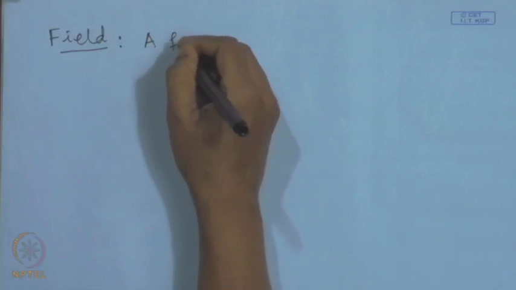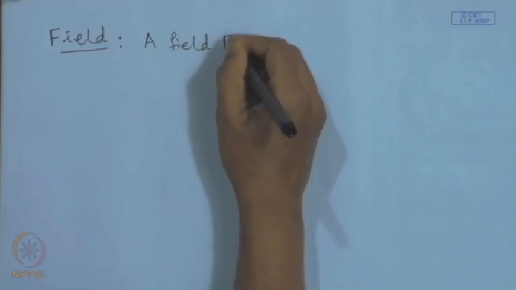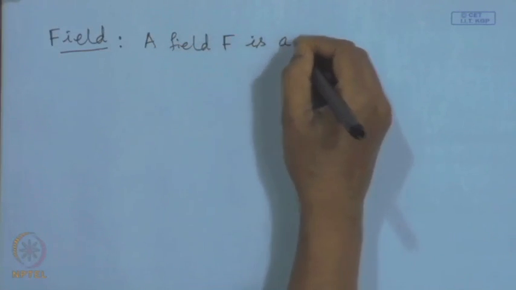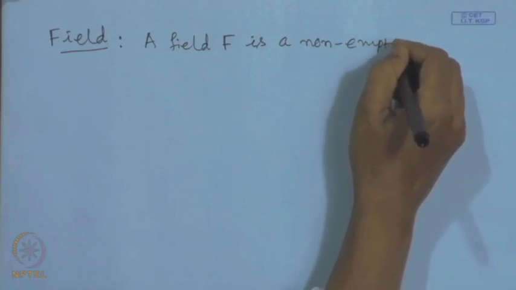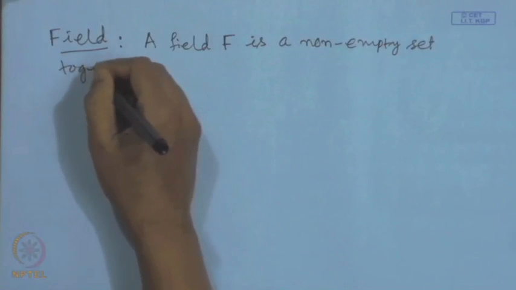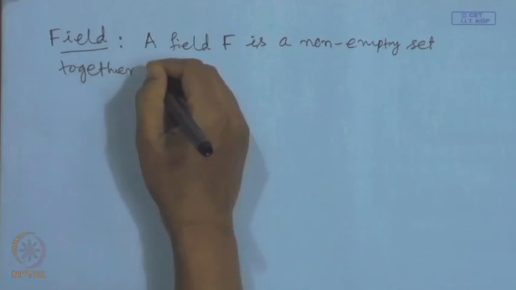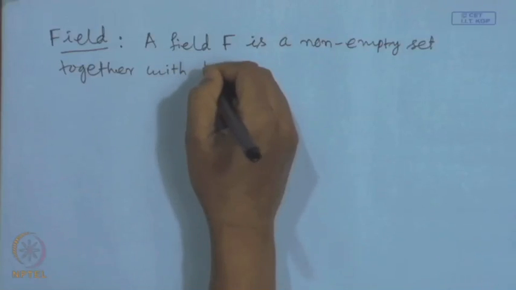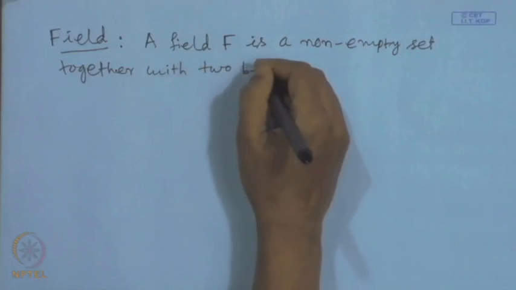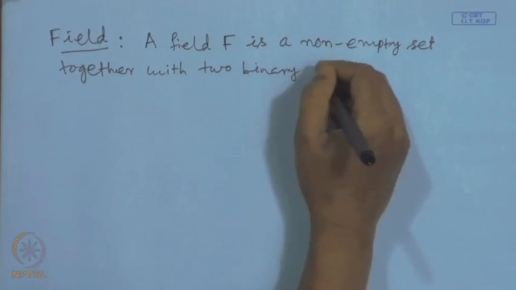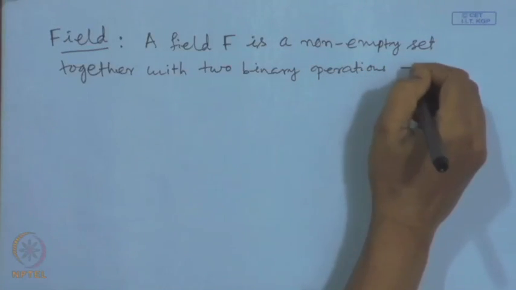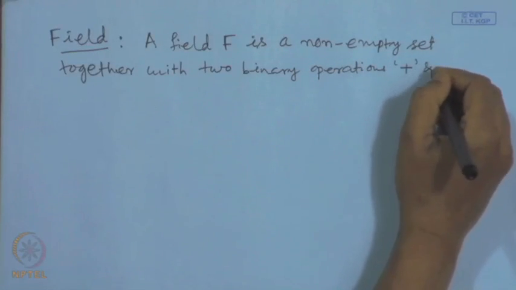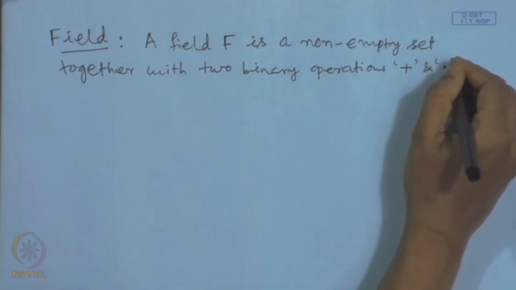A field F is a non-empty set together with two binary operations, plus and dot.